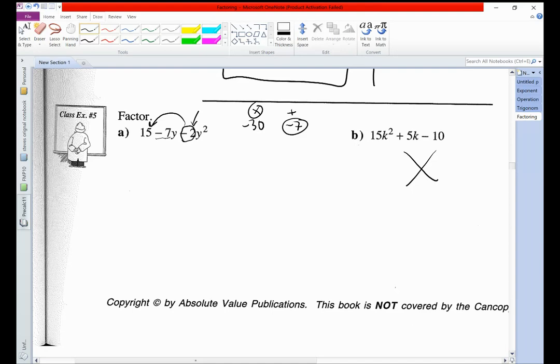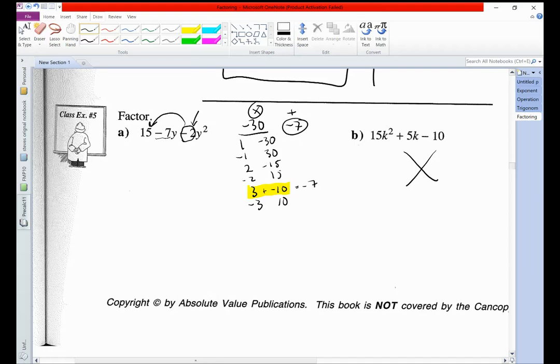That comes from that middle term there. So 1 and negative 30, negative 1 and 30, 2 and negative 15, negative 2 and 15, 3 and negative 10, negative 3 and 10. I'm going to stop right there because 3 plus negative 10 gets us negative 7.